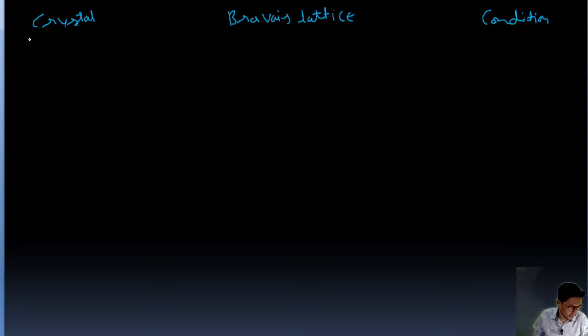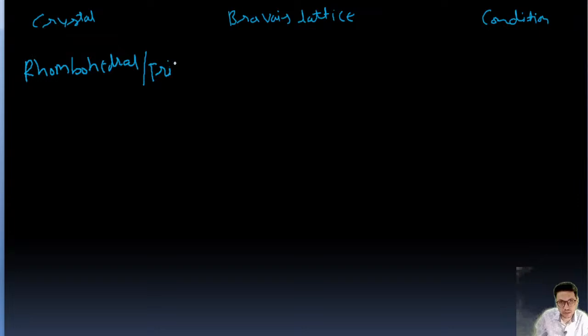Now this is rhombohedral, sorry, my apologies, not orthorhombic, rhombohedral, or we can say trigonal. What are the Bravais lattices for this? For this, the Bravais lattice is primitive.